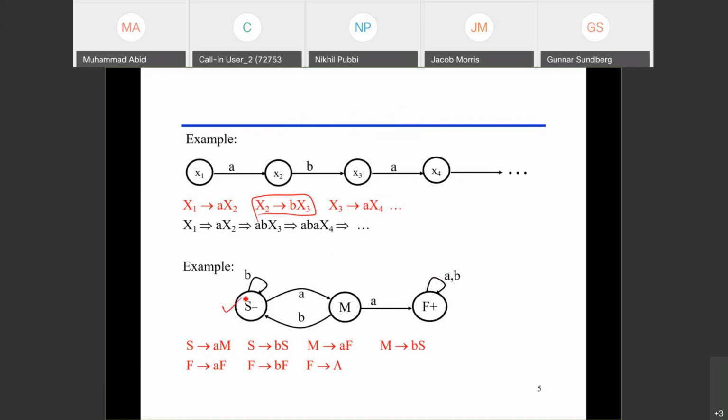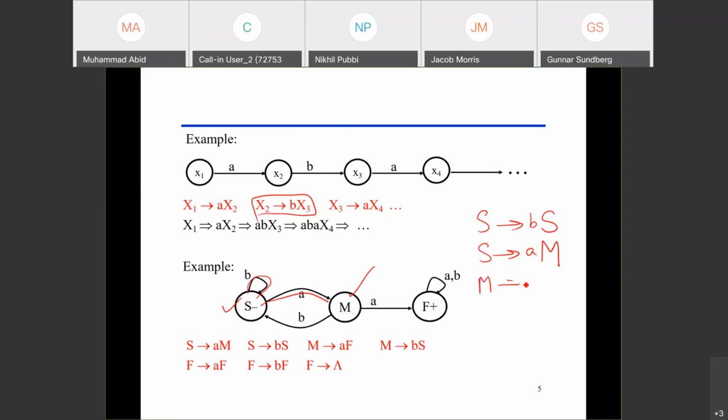S can be replaced by B S, since B goes back to S. Then S can be replaced by the outgoing edge A, going toward M. So we cover all outgoing edges of this state. Now we pick this state and cover all outgoing edges.